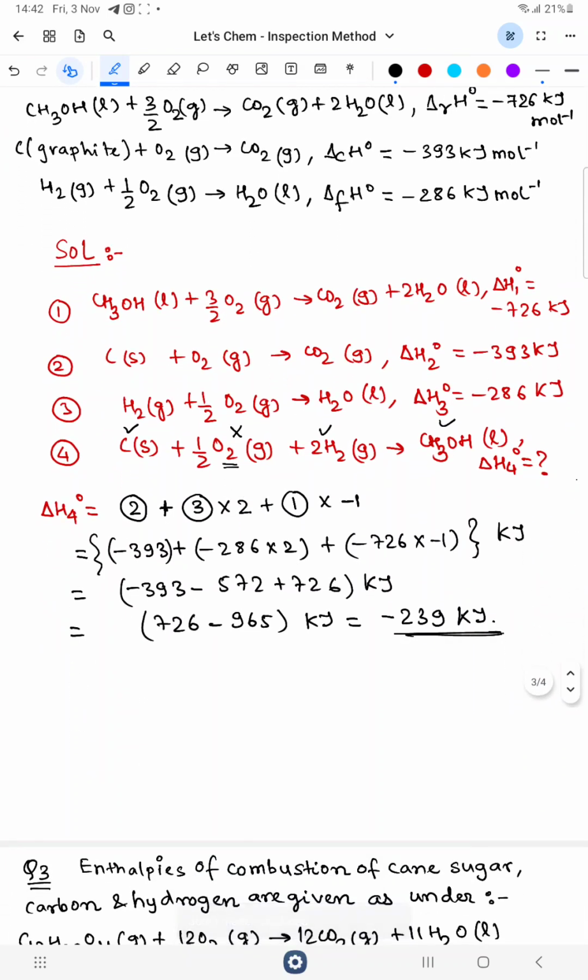Okay, now we'll recheck again, as in the previous case, whether our answer and the reactions are matching or not. So second reaction I'll write here. Now third reaction multiplied with 2.